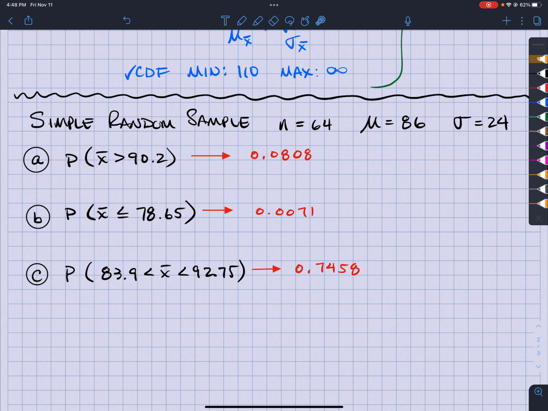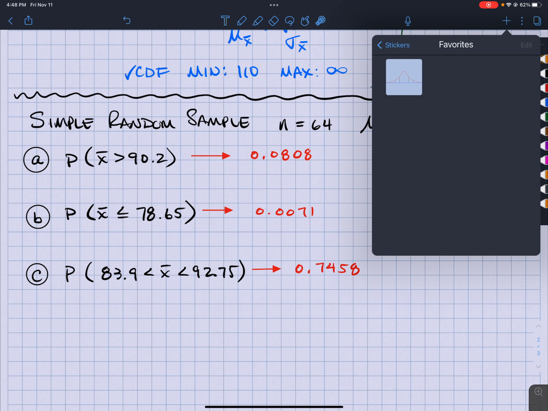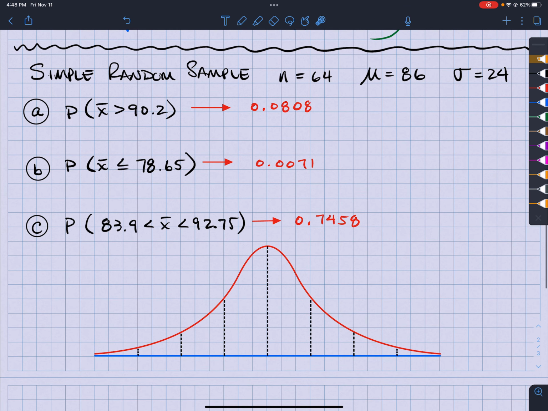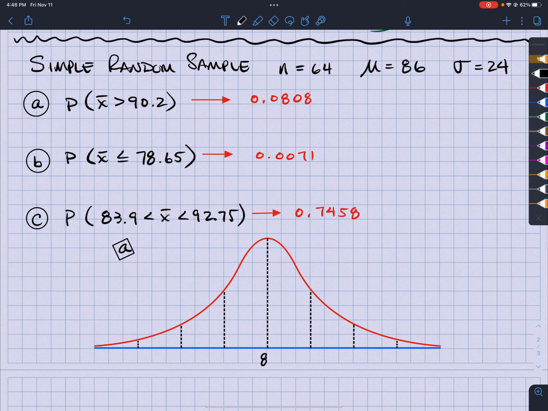And the thing of it is that if you want to check it out, what you guys can do is say, okay, let me put something like this down here. Let's take a look at part A here. So you can see that the mean is 86, so my mean of x bar is still 86, but my standard deviation of x bar is now 24 divided by the square root of 64, which is about 3.